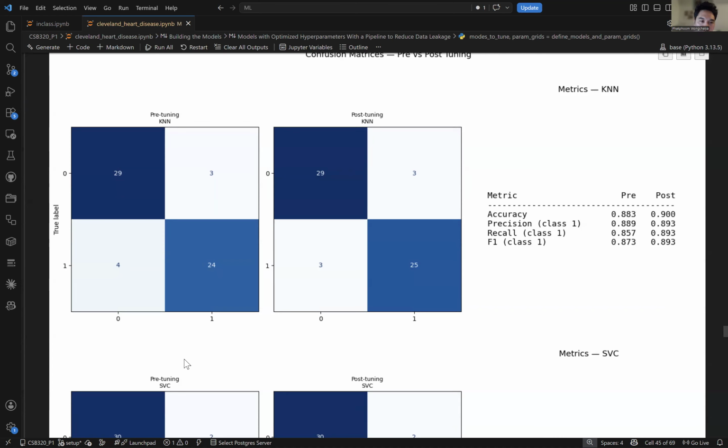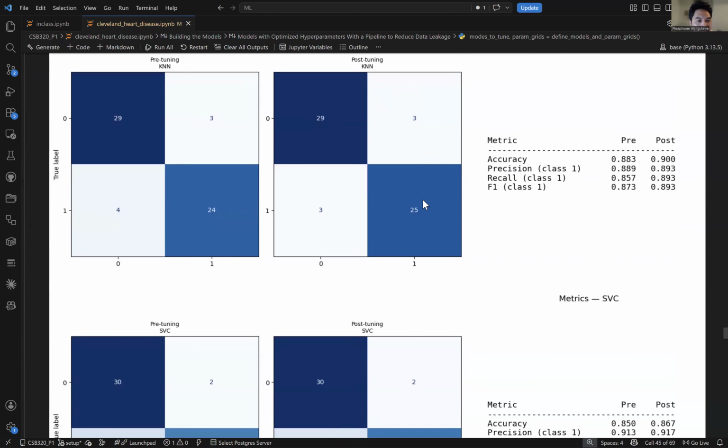So instead of using just one neighbor, it looked at 19 neighbors. So it gave it more information when making its decision. But for class 0, nothing really changed at all. It had the same scores there.